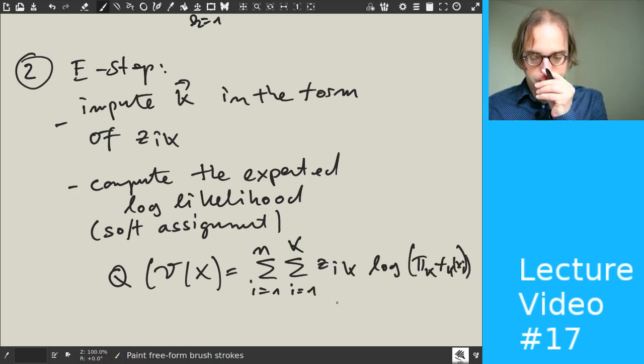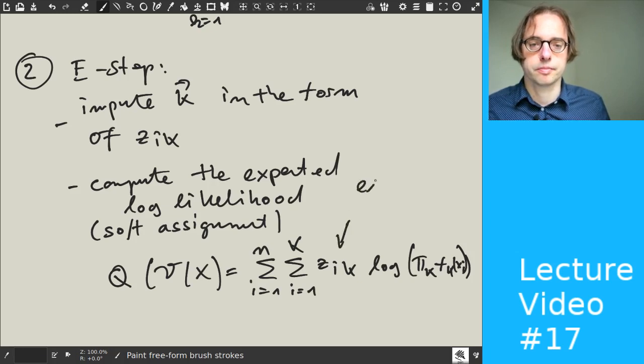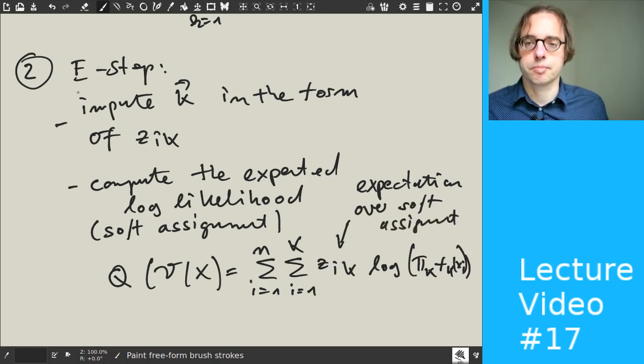So that's the expected log likelihood, where the expectation is over the soft assignment. This is why it's called the E step, because we take this expectation.